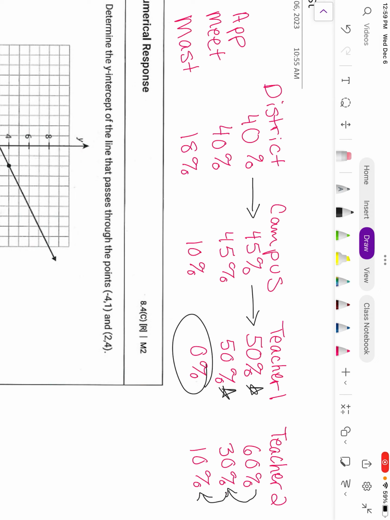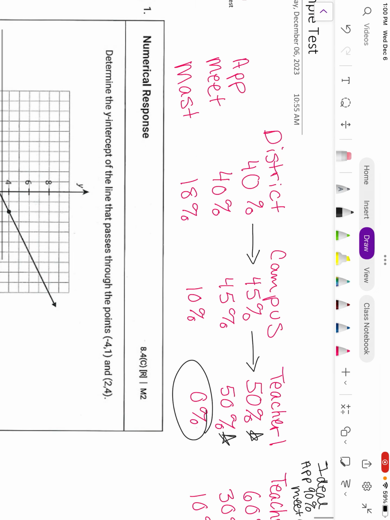So in the ideal world, approaches, meets, masters is going to be your 30, 60, 90 triangle. You want approaches to be 90%, meets to be 60%, and masters to be 30%. That's the ideal world. If you were a perfect teacher, hopefully those would be your percents. I don't know any perfect teachers. You let me know if you found one.